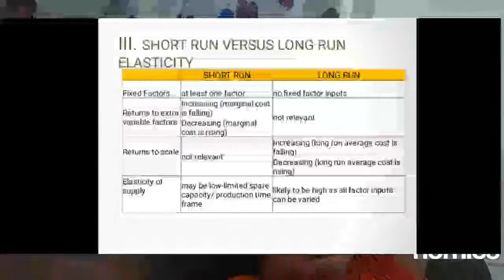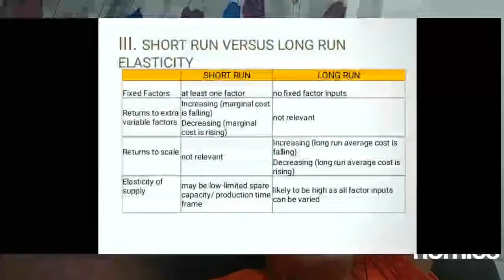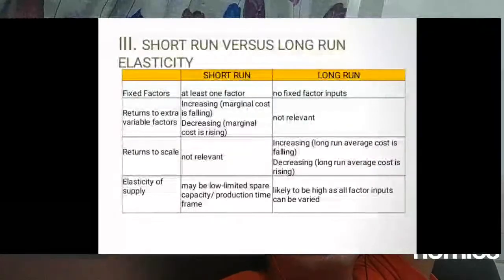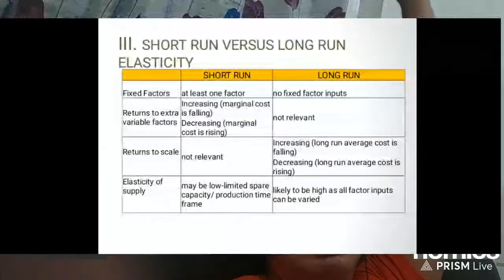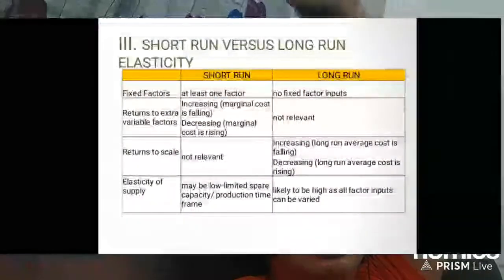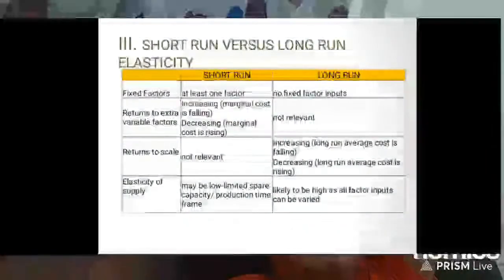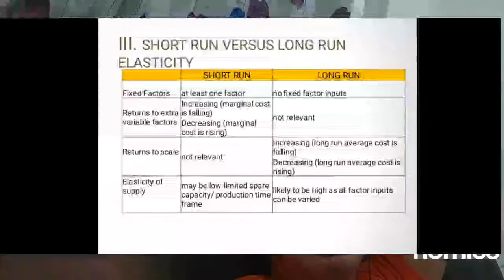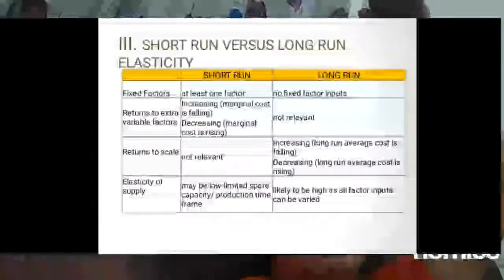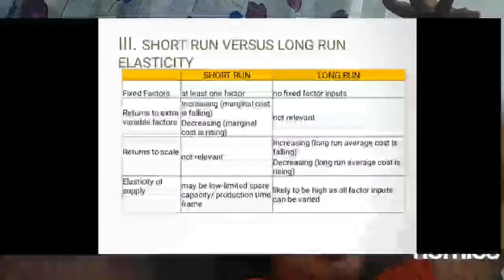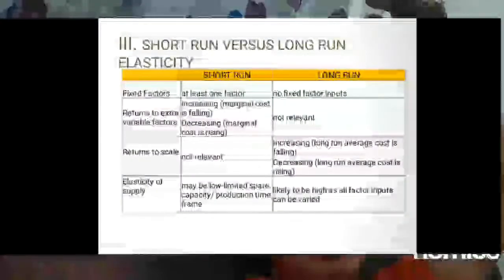Now, in returns to scale, for short run, it's not relevant, but for long run, in terms of increasing, the long run average cost is falling. All right. If the supply or demand is increasing, but in terms of decreasing under the long run, average cost is rising. All right. So pag nagdi-decrease guys, no, tumataas yung average cost. Pero pag tumataas naman, no, bumababa yung average cost.